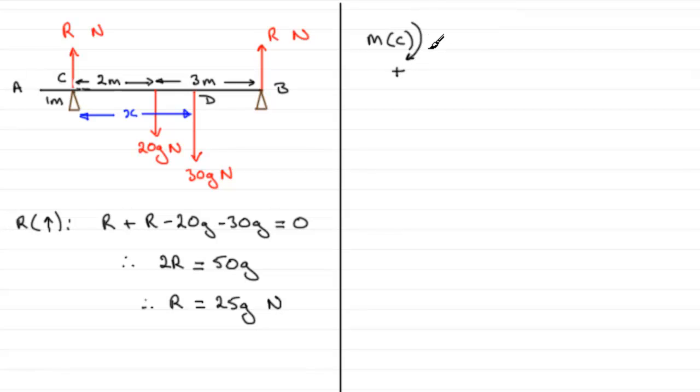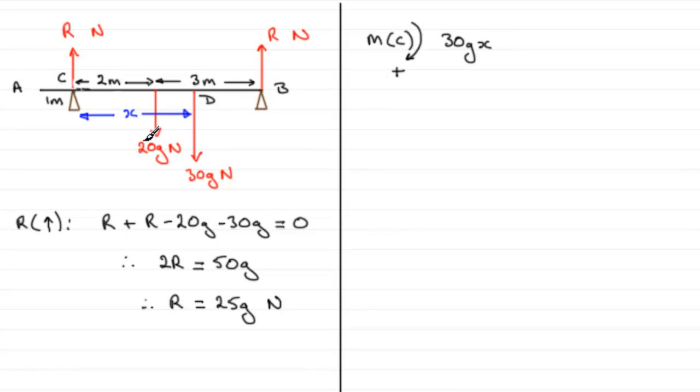So if we start then with, say, the 30G newtons, remember moment is force times the perpendicular distance to the point that you're taking moments about, we would have 30g times this distance here, which is x. So we've got 30g multiplied by x, 30gx then.